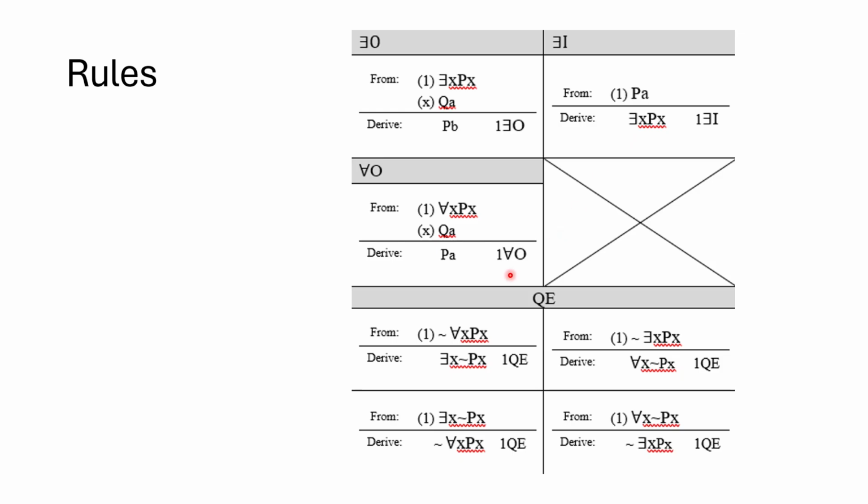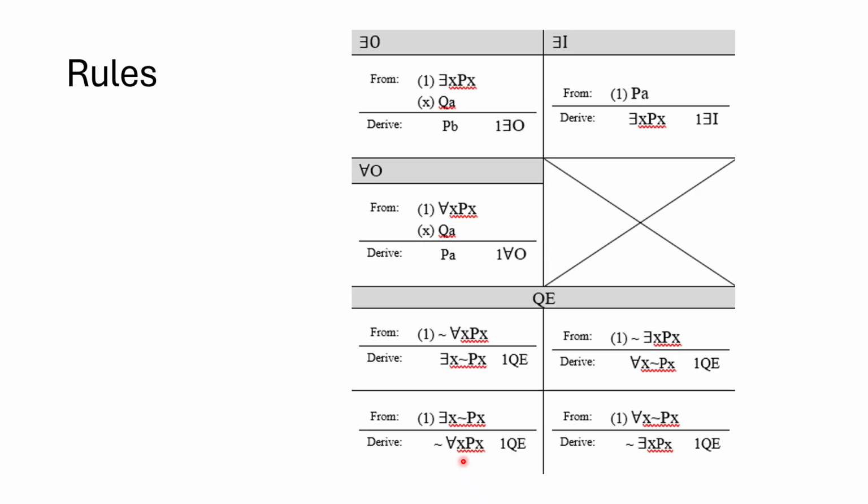The quantifier exchange rules are a little bit more complicated, I guess I could say, but they're sort of the same in reverse, so that's why you have 4 of them here. These two are the same, just going in different directions, and then these two over here are the same, just going in different directions. What I mean by that is from a tilde universally quantified statement, you can get an existential statement where you move the tilde in one place, and then if you have this, which is the same right here, you can just move the tilde out to the front and switch the quantifier over.